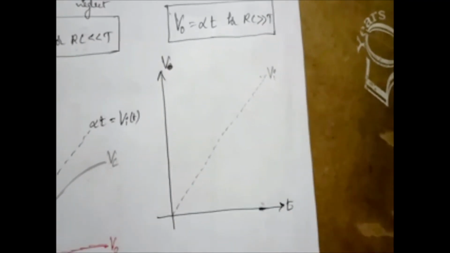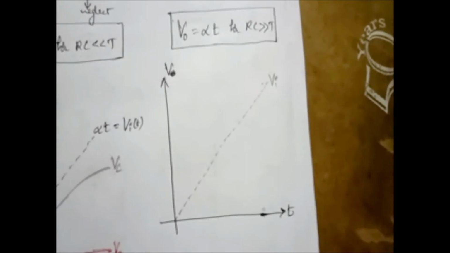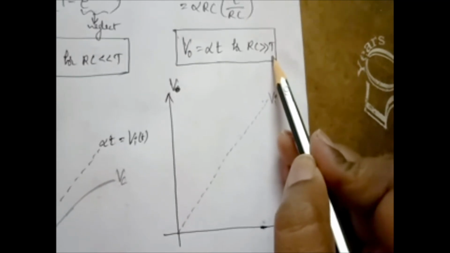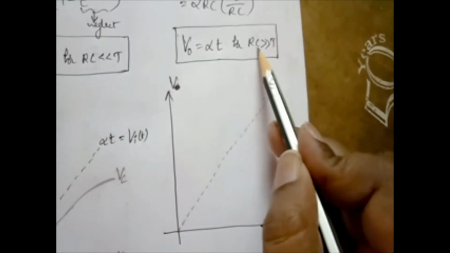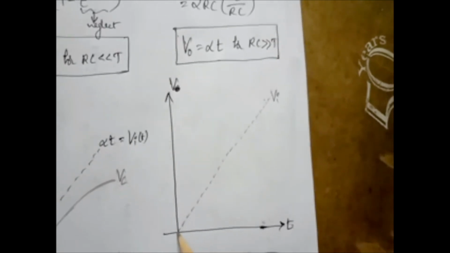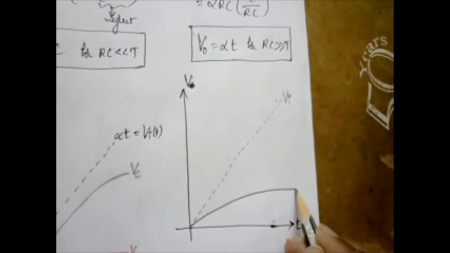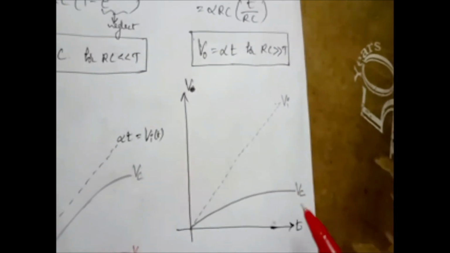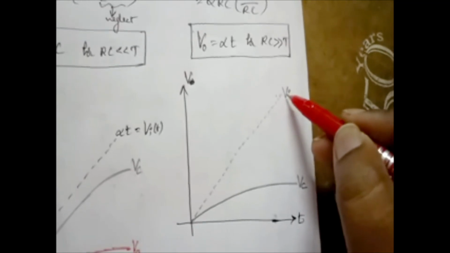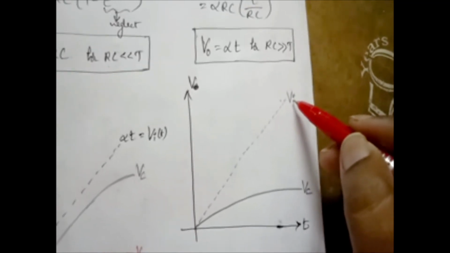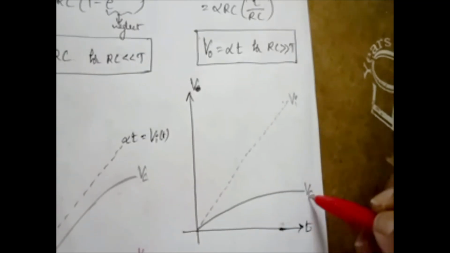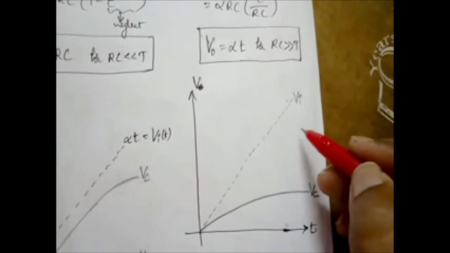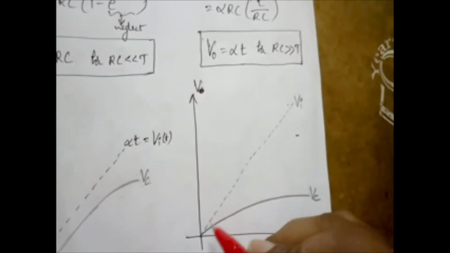Now what happened here? The RC value is much greater than the time period of the input signal. Therefore, the capacitor takes more time to charge, and the waveform we get is like this. This is Vc. Compared to Vc, subtract Vc from Vi to get V naught, so we get the waveform up to this point.